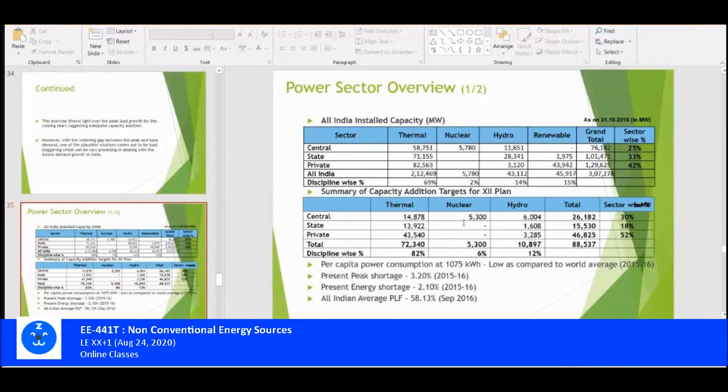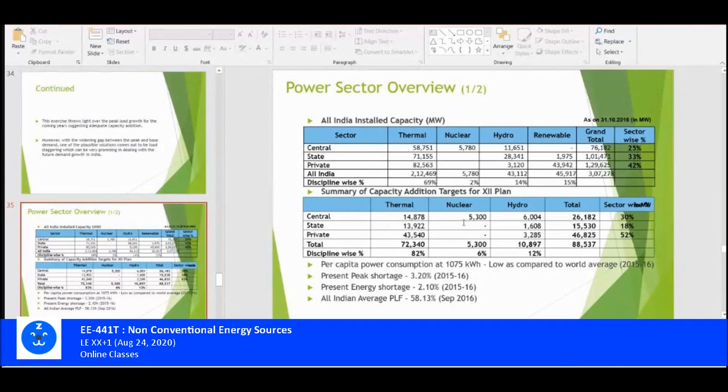Hydro has got very huge potential in India, especially the small hydro generation. But still, we have not been able to exploit this kind of potential. Renewable is rising at a very good rate. So the overall total capacity is almost 307 gigawatt.